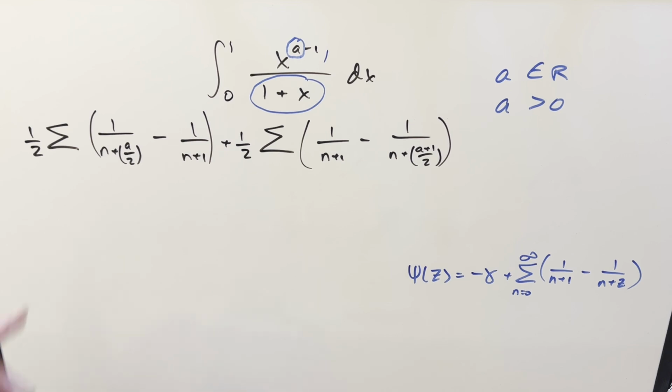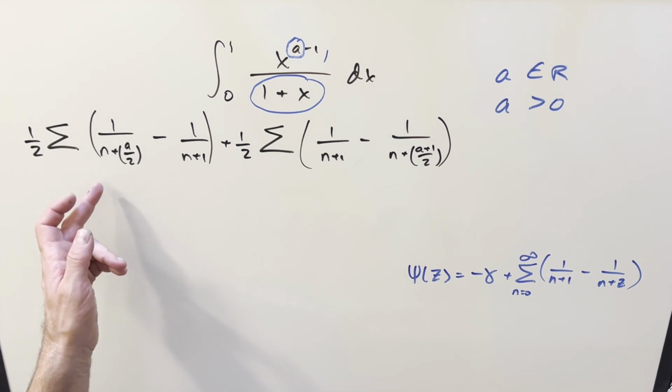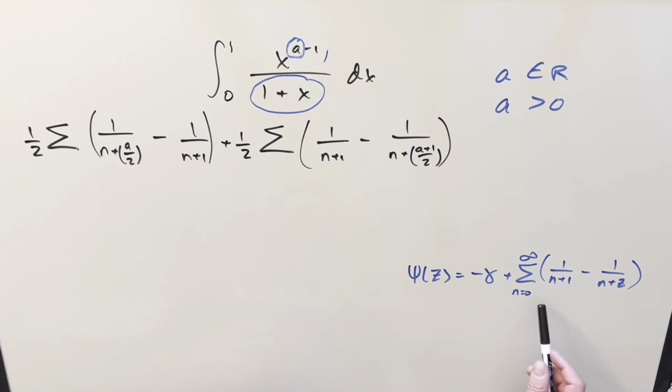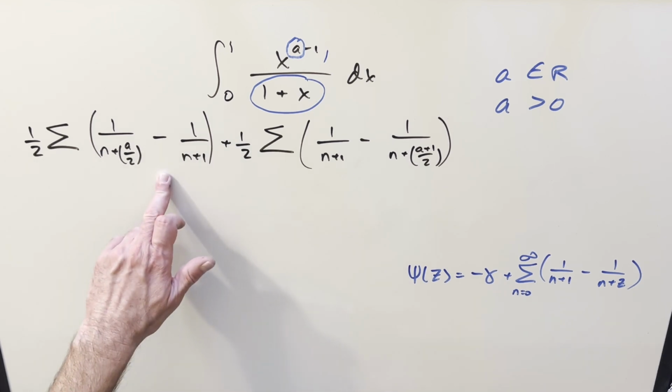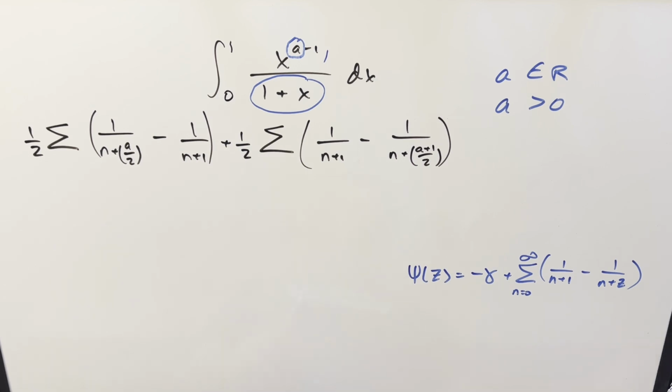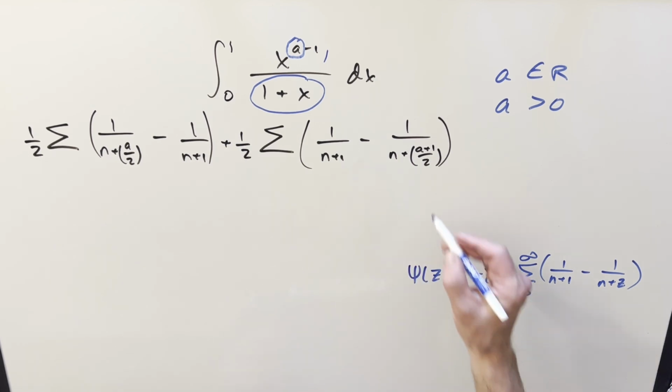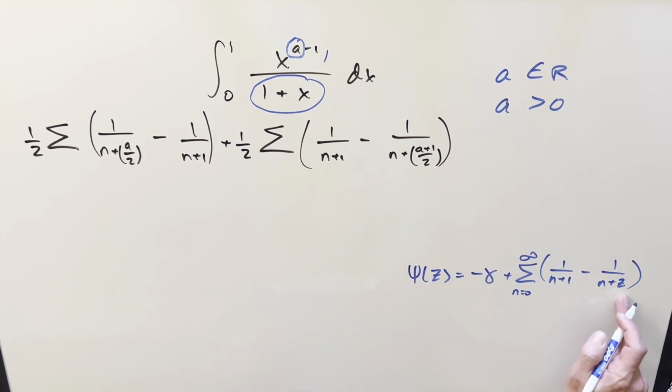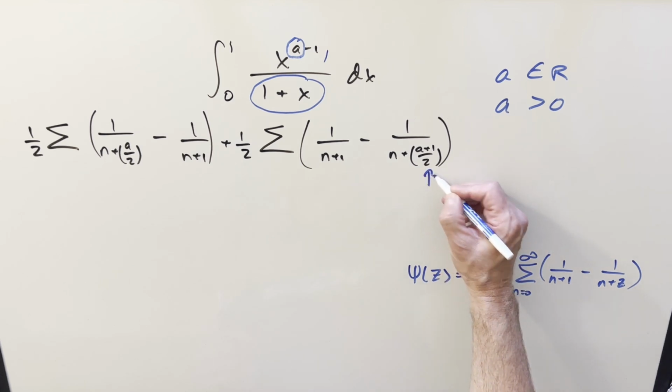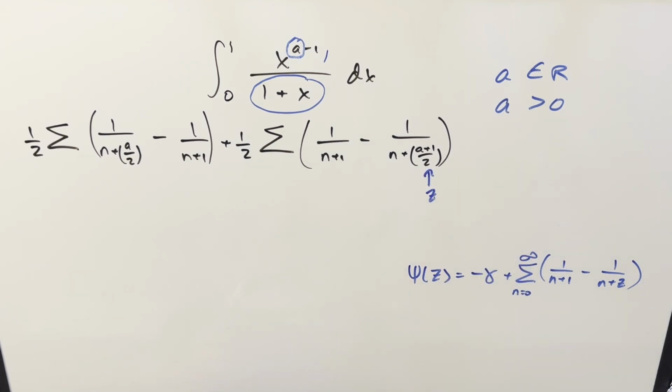Okay, now from here I split this up into two sums like we have here, trying to match it to our form here for the Digamma function, where we have this series expansion for the Digamma function minus the Euler-Mascheroni constant here, which is something like 0.577, plus a series similar to what we have here. So this one is perfectly set up because the input in the Digamma function is going to be this z. So on this one, we have our z right here.